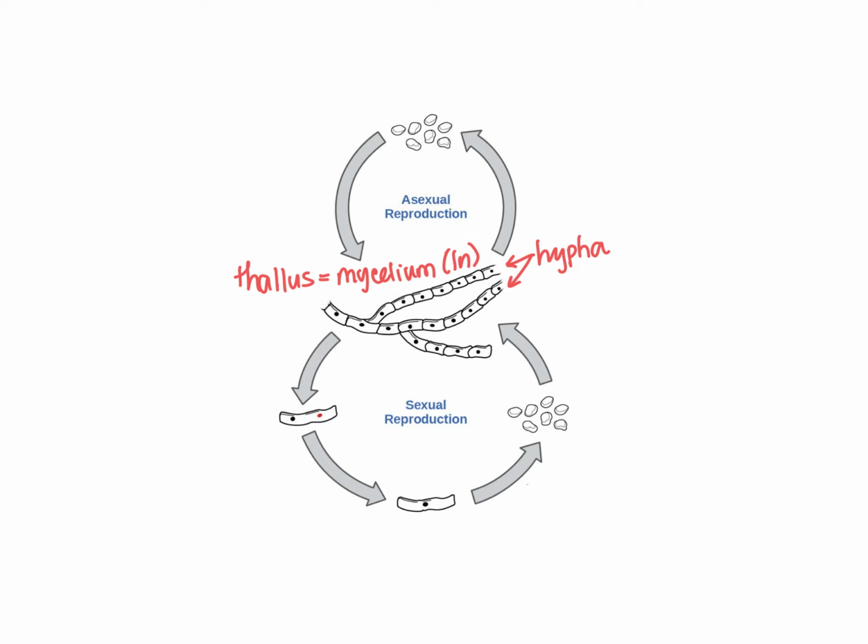Now, when a fungus is going through asexual reproduction, this arrow is going to represent mitosis. Remember that mitosis is a form of asexual cell division. And so what happens is that these cells in the mycelium go through mitosis and they produce these asexual spores.